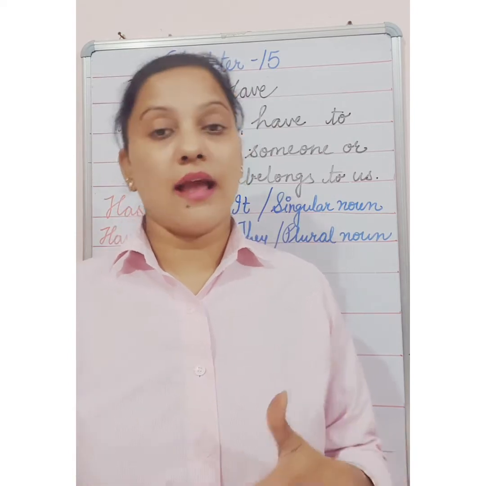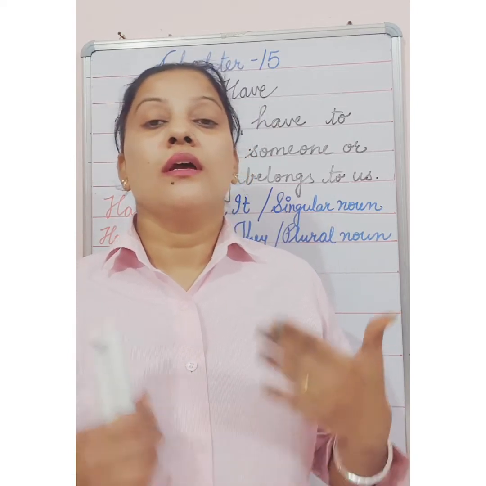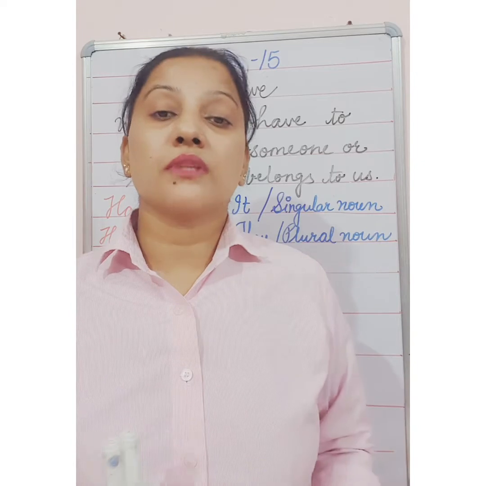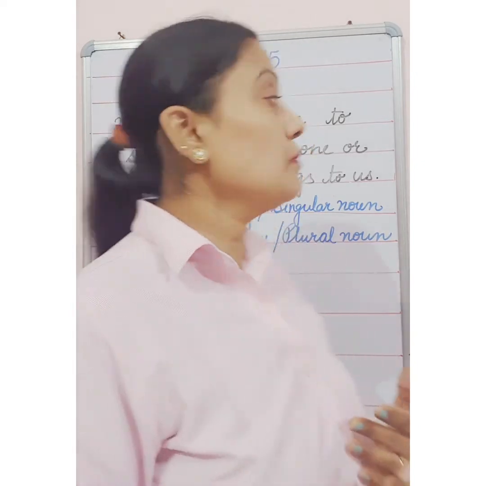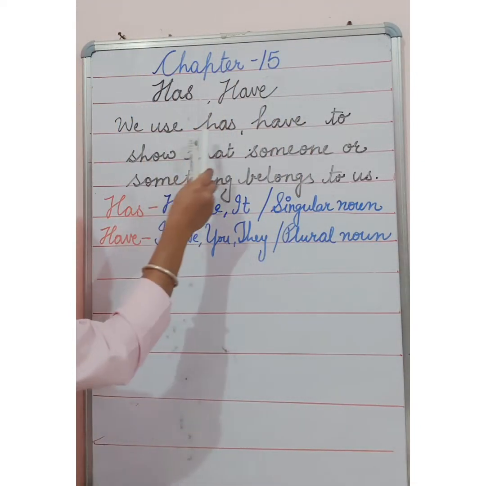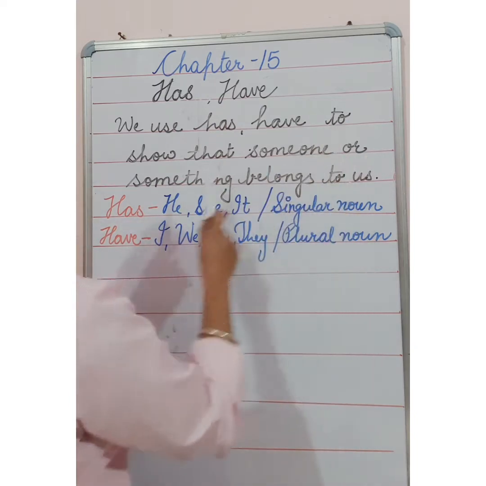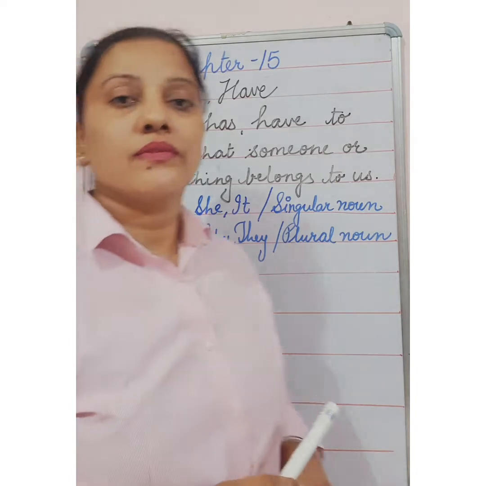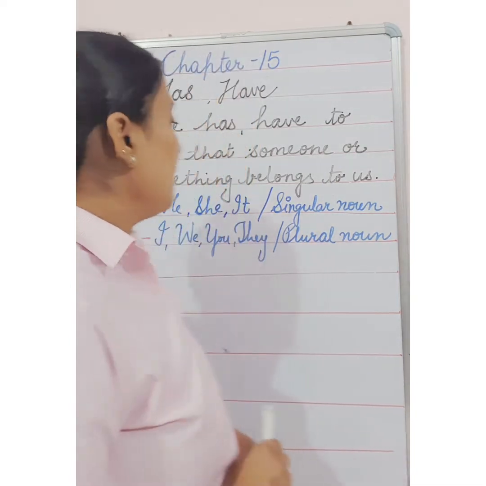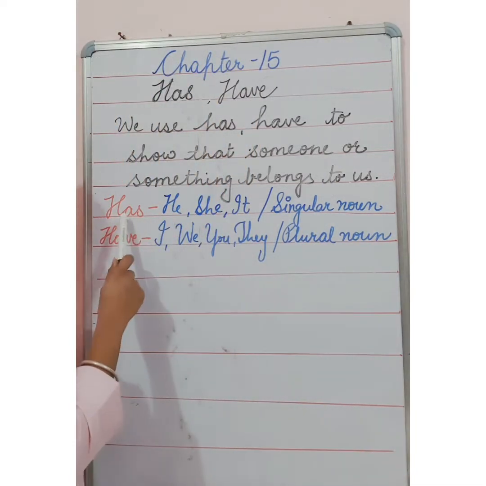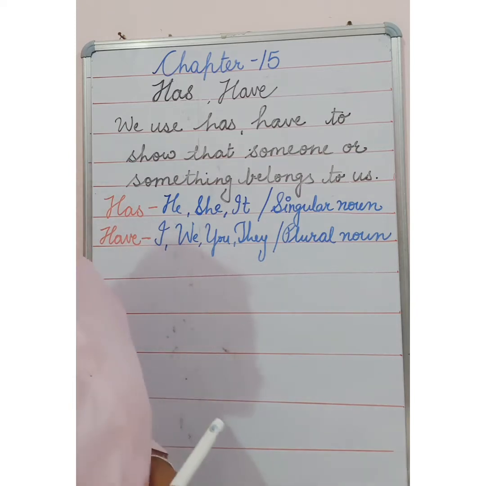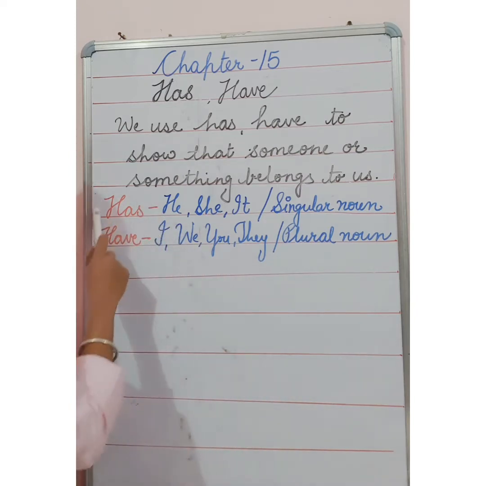So has and have we use to show a relation between something or someone. We use has and have to show that someone or something belongs to us. Where do we use has? You have to learn this, which I have written here.